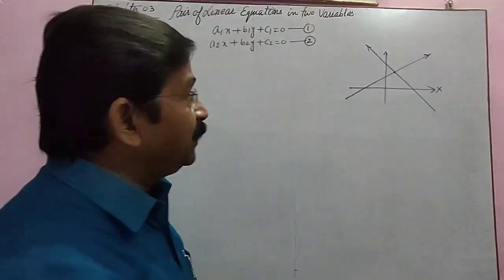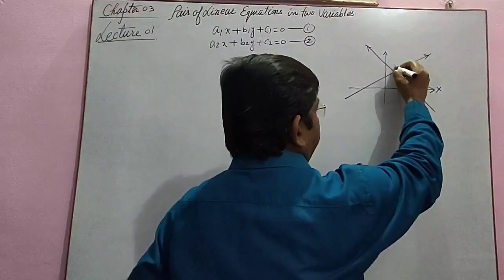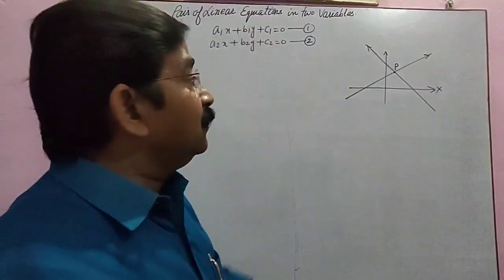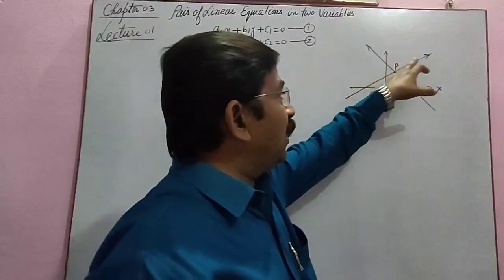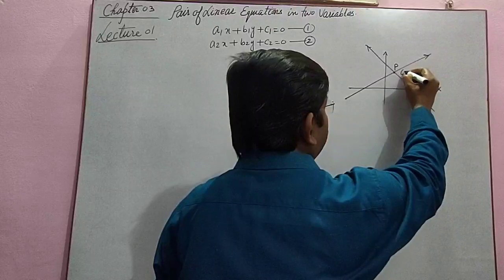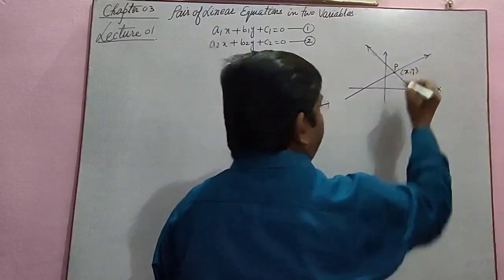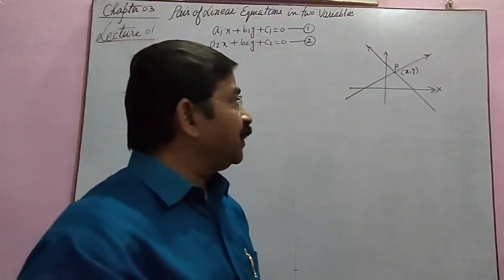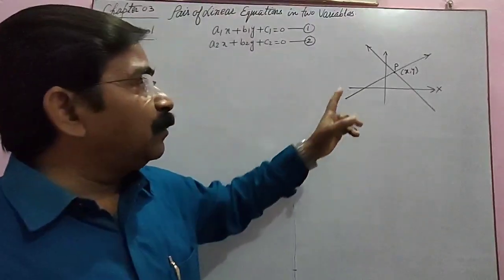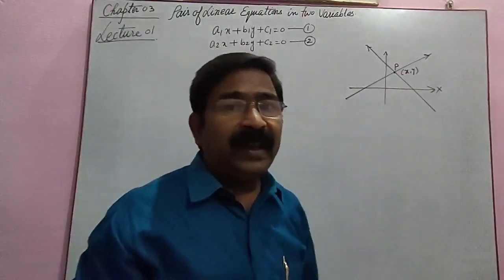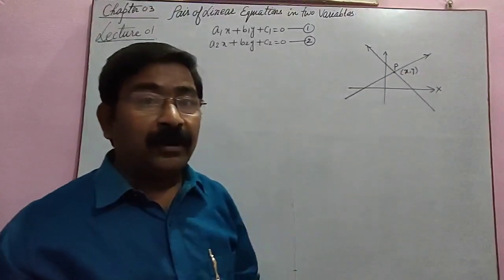Common point means this point P, suppose, is common to the two lines. Means whatever the coordinates, suppose this is x comma y, is the solution of the equations. And you know that there must be only one common point. Means we have a unique solution.